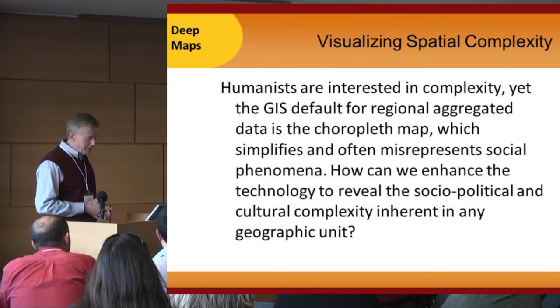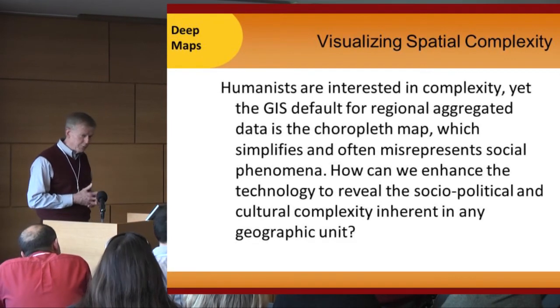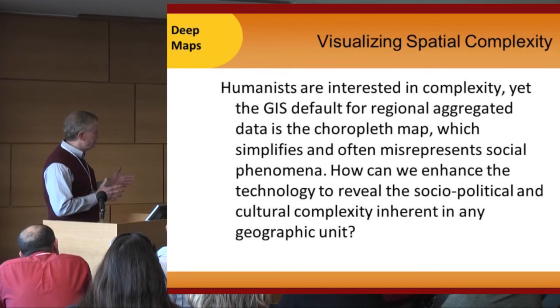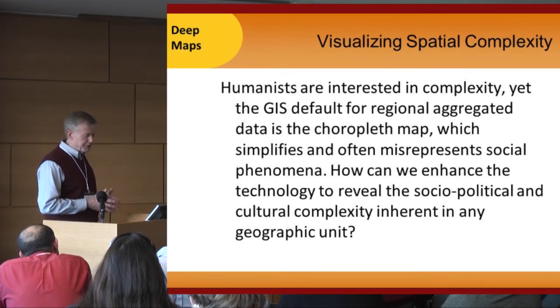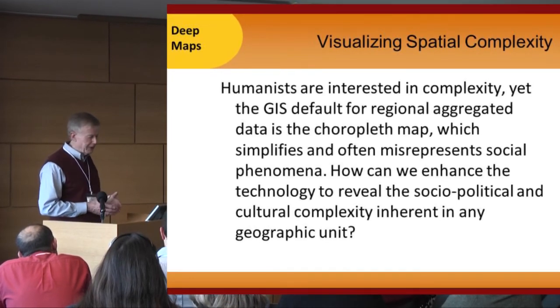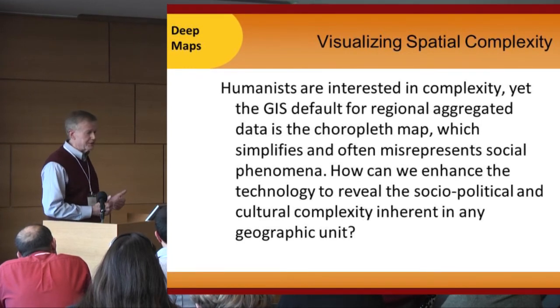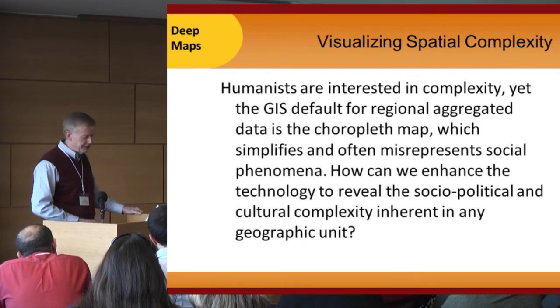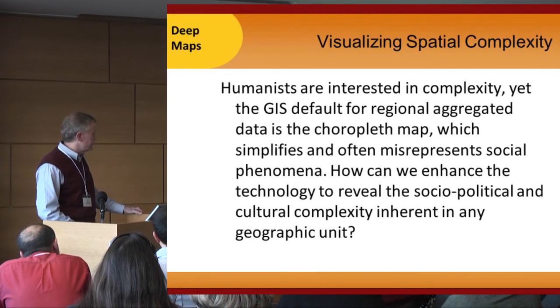So the real question we became interested in is, since we know that humanists are interested in complexity and that the GIS default is the choropleth map, which simplifies and misrepresents these social phenomena, how can we enhance the technology to reveal the socio-political and cultural complexities inherent in any geographic unit?